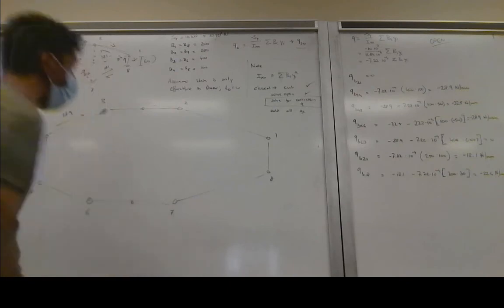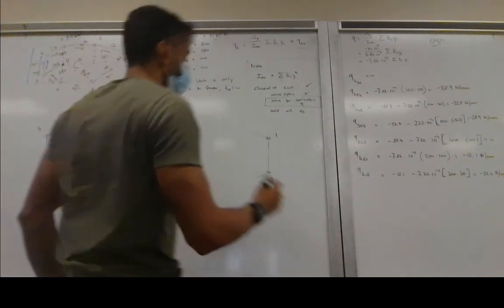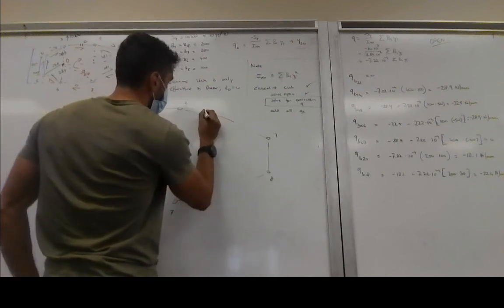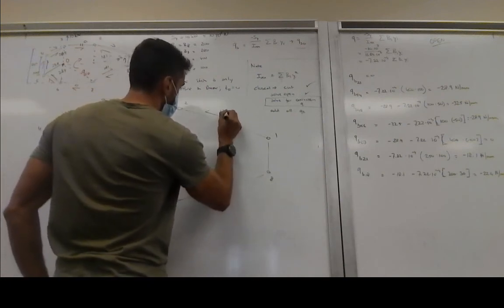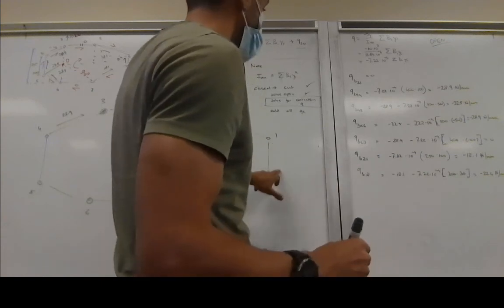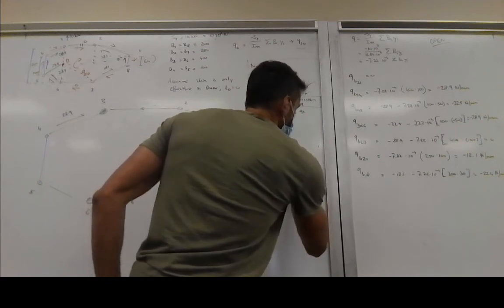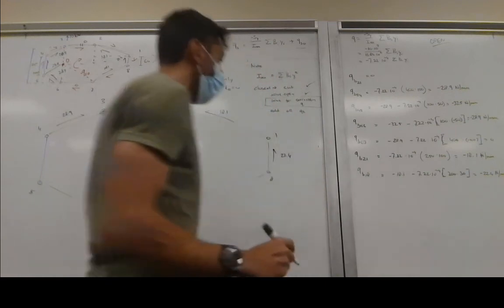This was 0. We calculated 2,1 was negative 18. So we know that 2,1 goes in the opposite direction. So it's 18.1. We calculated 8,1. So we go downwards, negative. So this goes up positive as well. And this is 22.4.